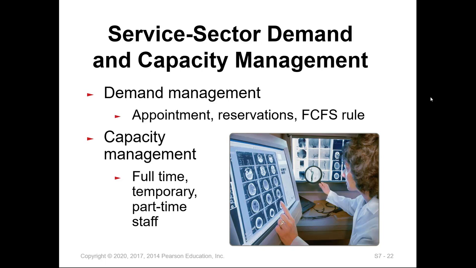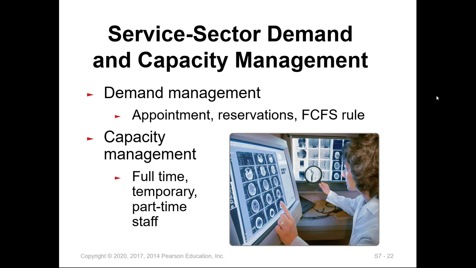Demand can be managed in the service sector through appointments, reservations, and the first come, first served rule. To meet demand requirements and increase capacity, service companies can hire full-time employees, temporary employees, and part-time staff.